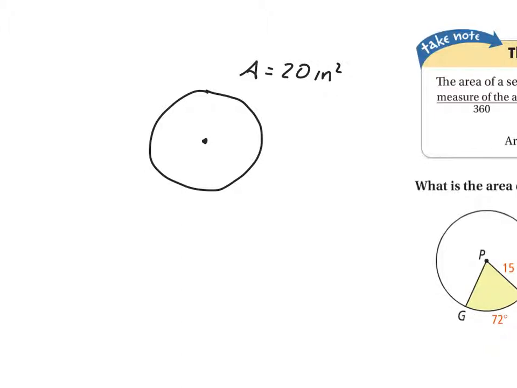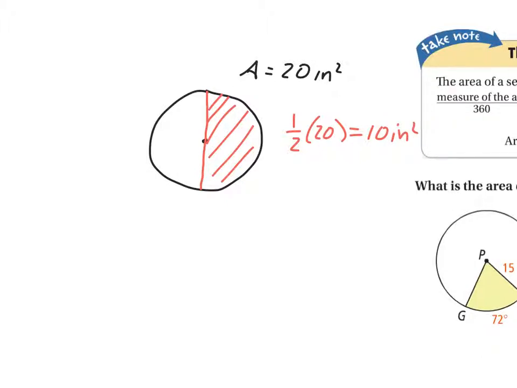Okay? Well then, if I come over here and draw this diameter and I say, all right, I want the area of that part of the circle. How much of the circle do I have? Half of it. So what's the area of that half? 10, because it's 1/2 of 20, which is 10 square inches. Just like we did with arc length.